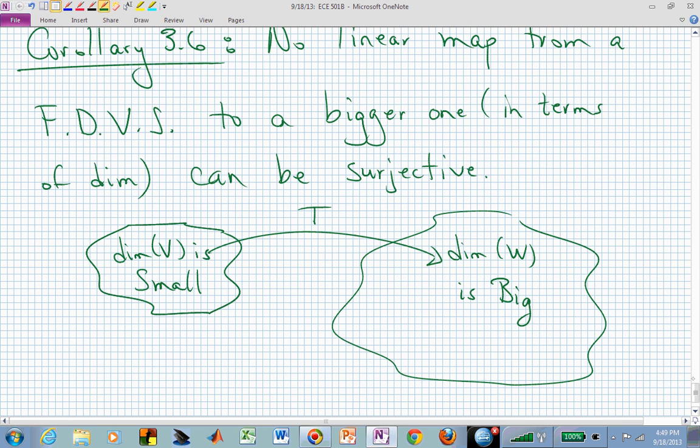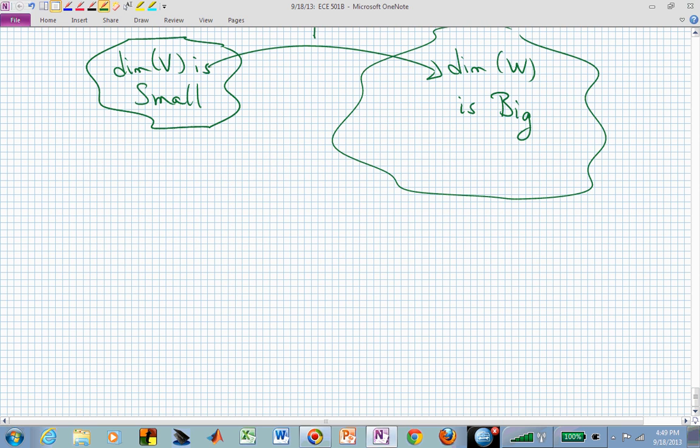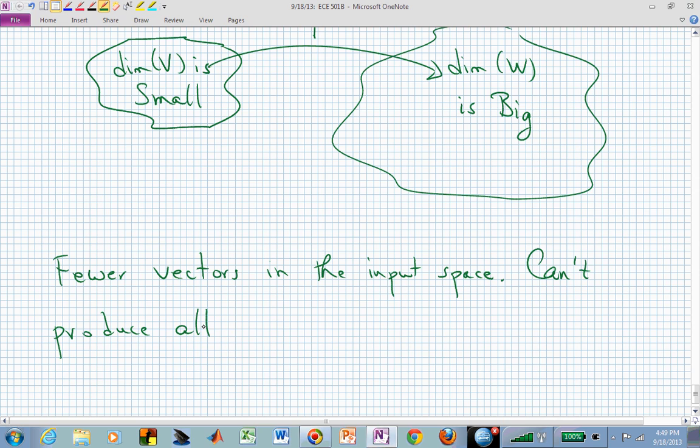This is now saying that you have fewer vectors in the input space, and consequently you can't produce all vectors in the output space.